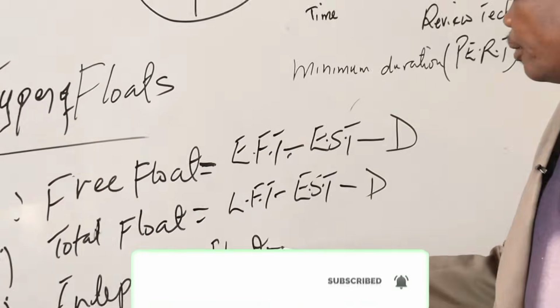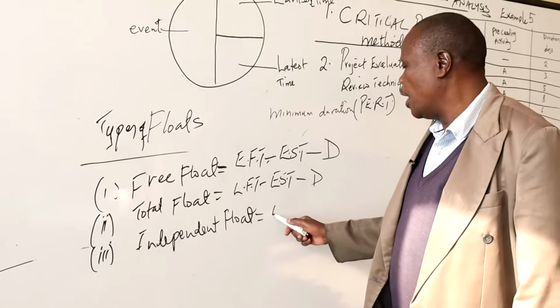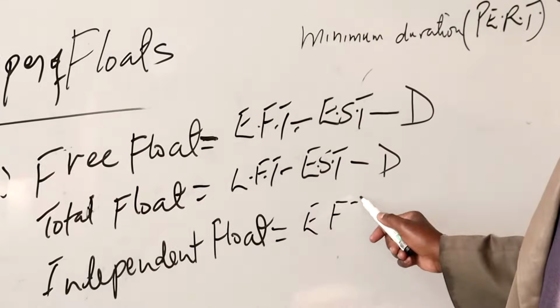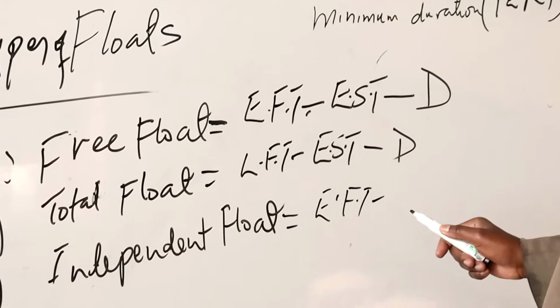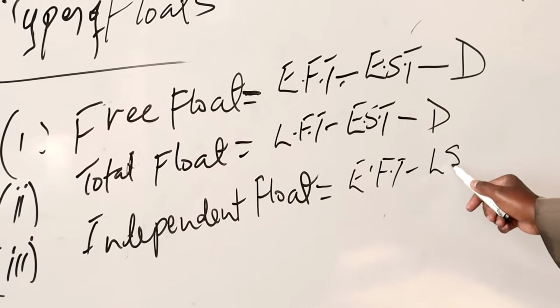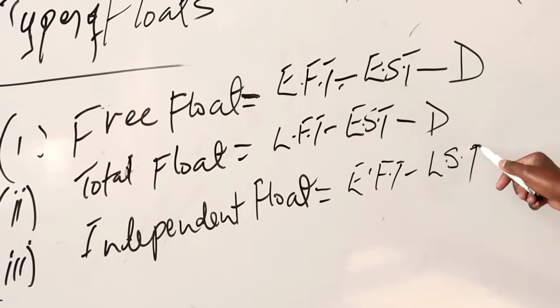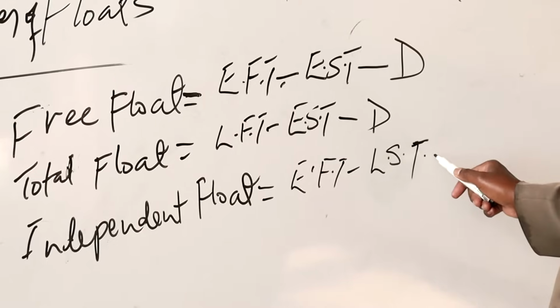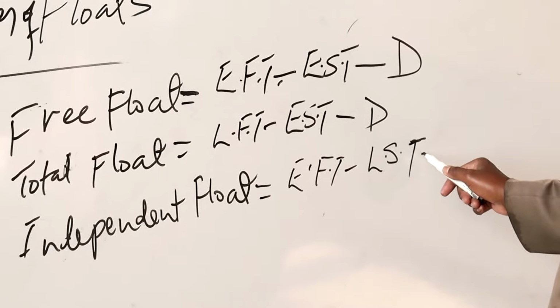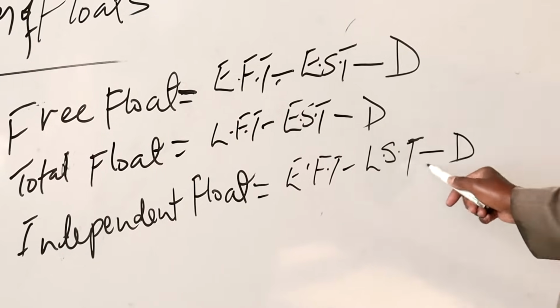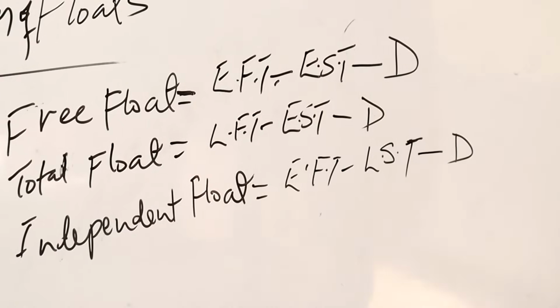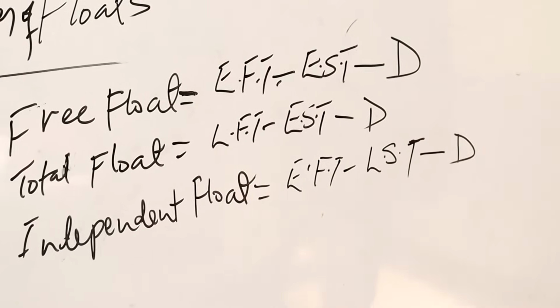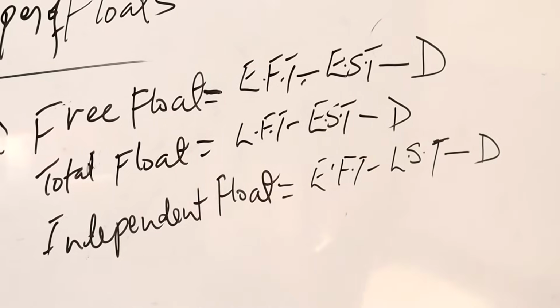Then independent float is equal to earliest finishing time for the activity minus latest starting time for that activity minus the activity duration. These are the floats and how to calculate them.